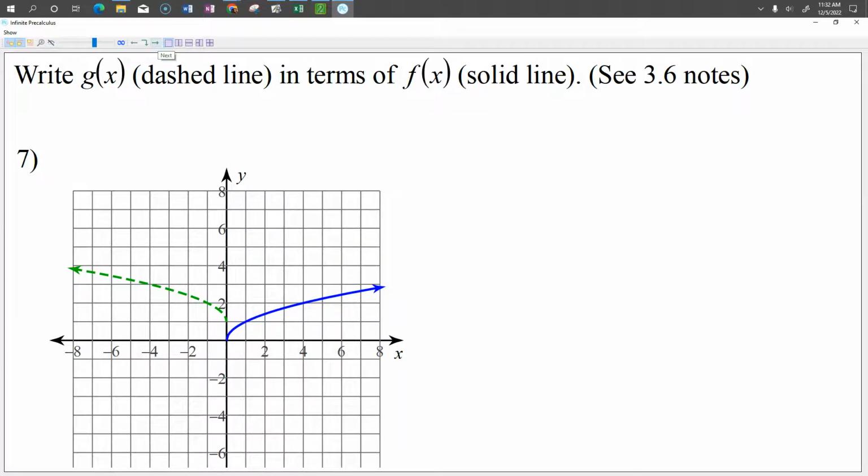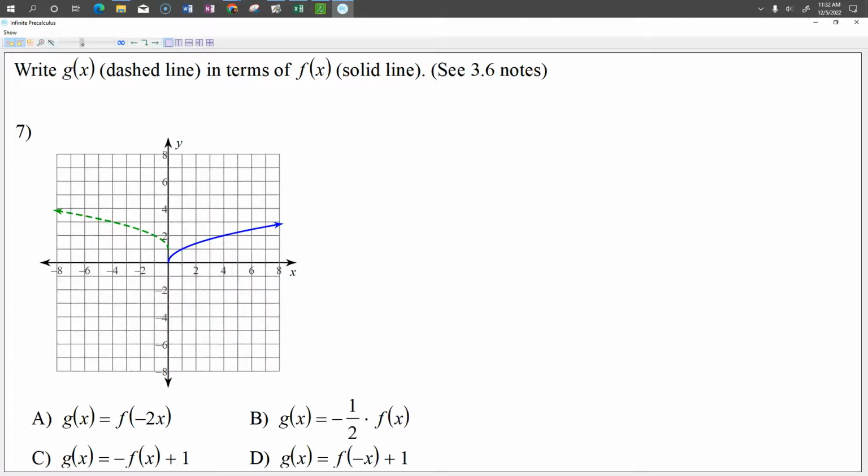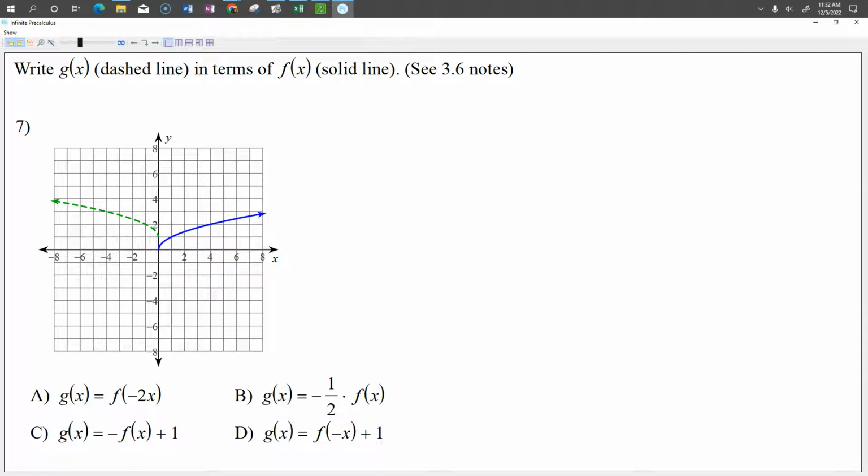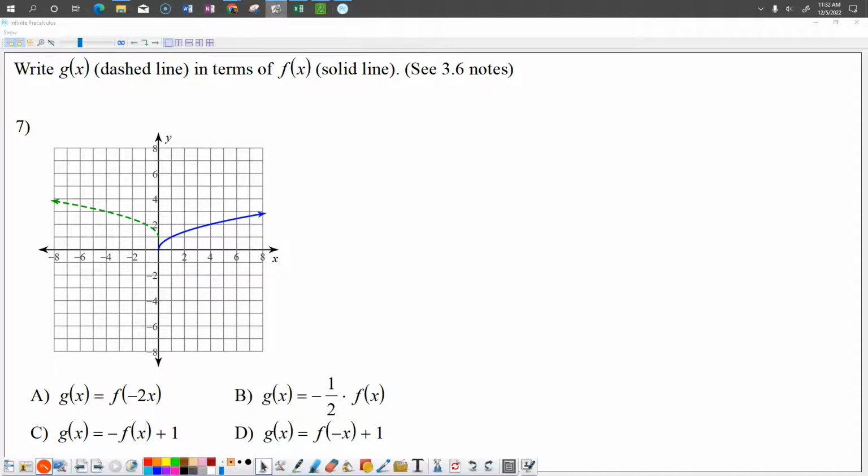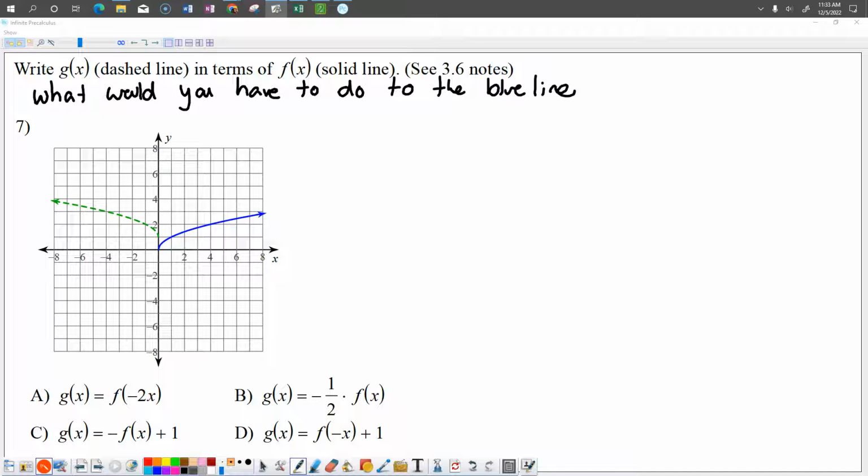This is another way of asking the question, only this time we're doing it with graphs. Okay, and back when we did this a while ago, I suggested that you guys interpret this a little bit differently. I said, think of the instructions as, what would you have to do to the blue line to get the green line?